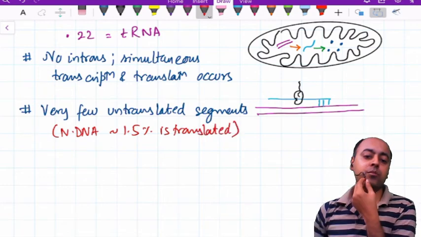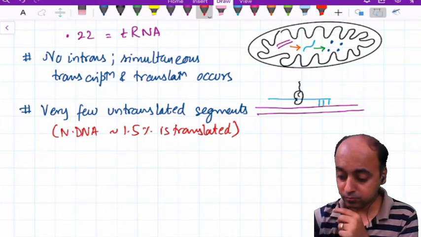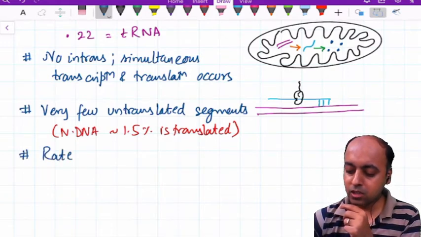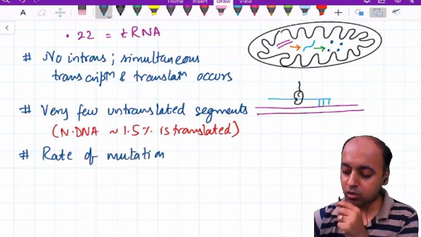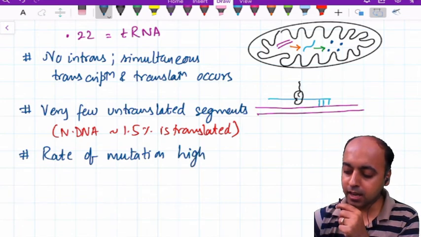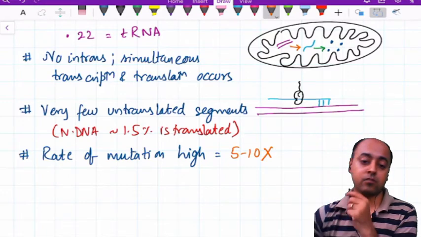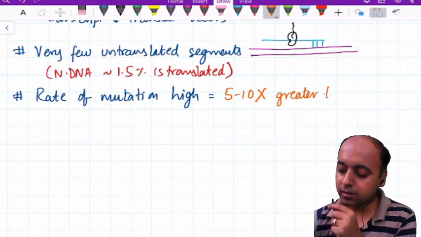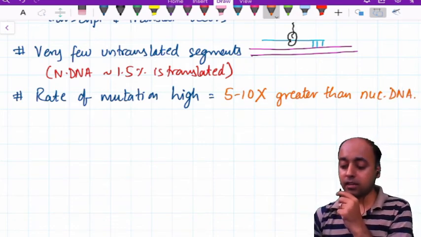Also, the rate of mutation of mitochondrial DNA is high, about 5 to 10 times greater than nuclear DNA.